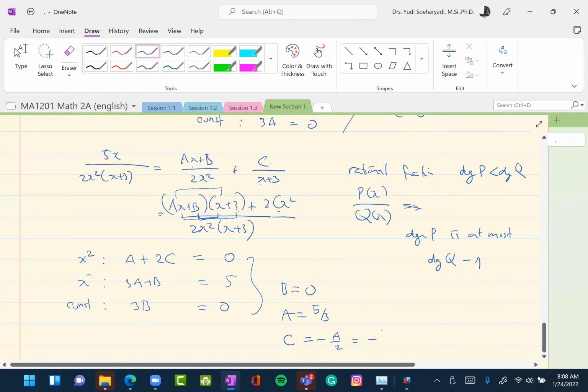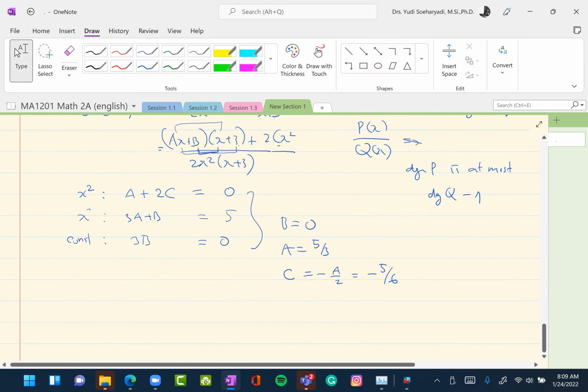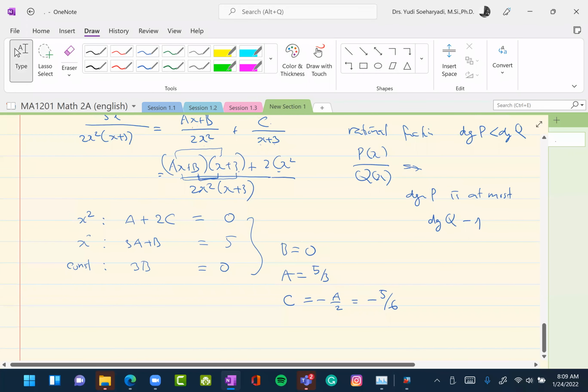So it is possible to do this one. So then that equals, sorry, let me just finish this one. Okay, 5/3 x plus, oh yeah.